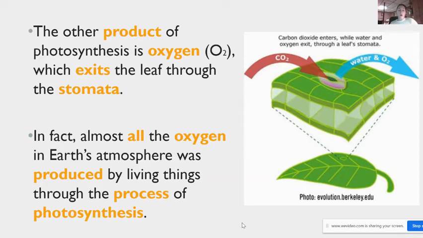Almost all the oxygen in the Earth's atmosphere was produced by living things through the process of photosynthesis. When we go into our activity on photosynthesis tomorrow, you'll receive more information and some fun statistics about the amount of oxygen that can be produced and how it can sustain other living organisms.